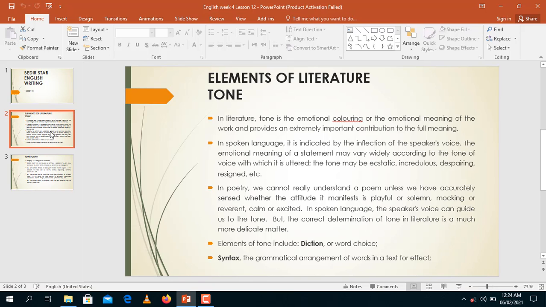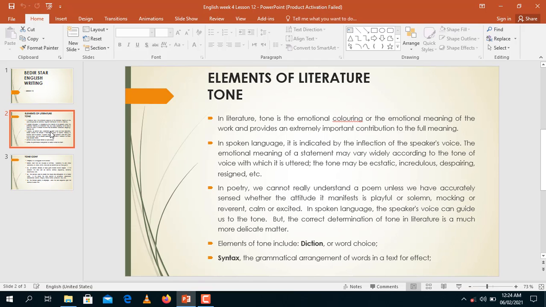In spoken language, it is indicated by the inflection of the speaker's voice. How you speak can tell if you're an emotional person, happiness, sadness. The emotional meaning of a statement may vary widely according to the tone of the voice. So we already looked at that. Now we're looking at the tone of your voice.